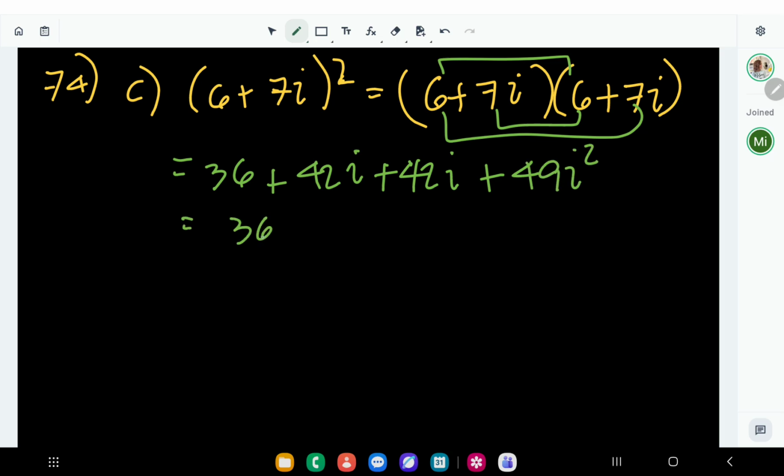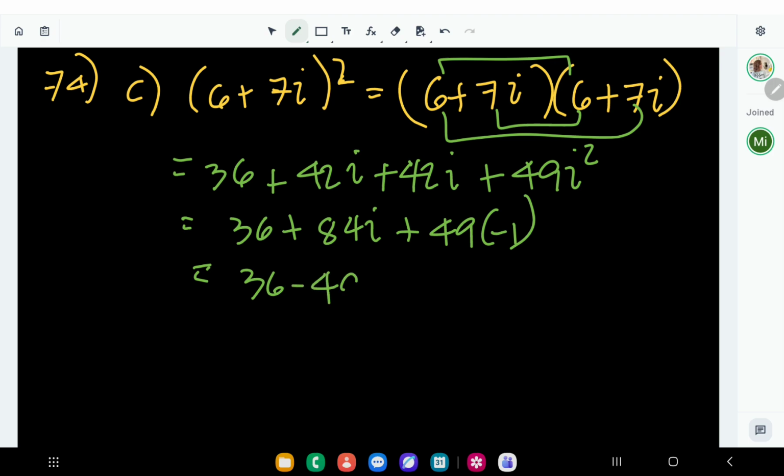So this is 36 plus 84i plus 49 times negative 1. So this is 36 minus 49 plus 84i. So what is 36 minus 49? Negative 13.